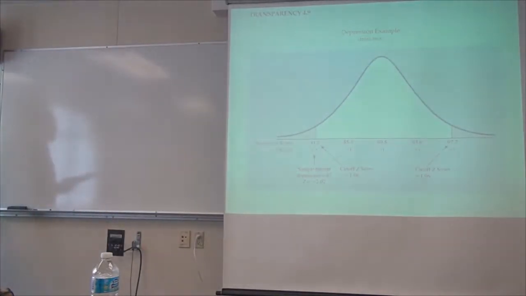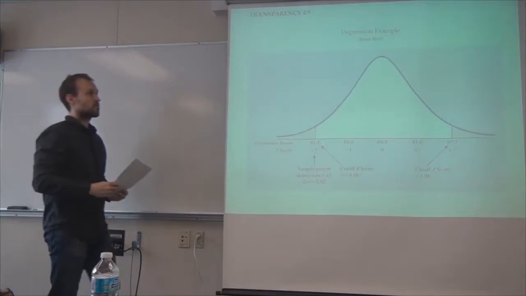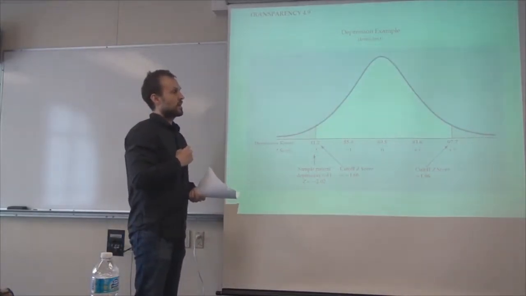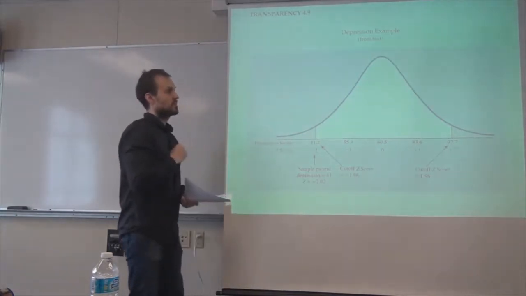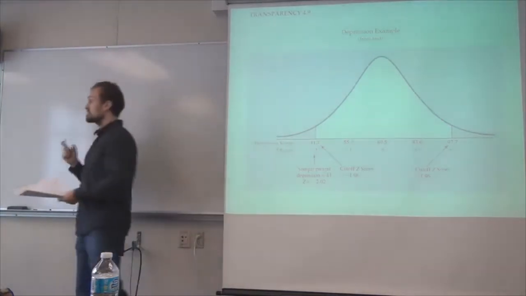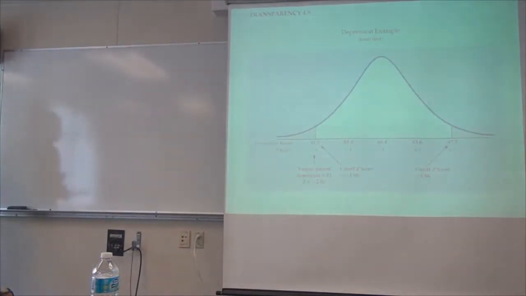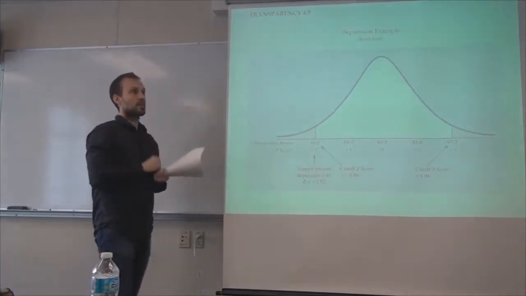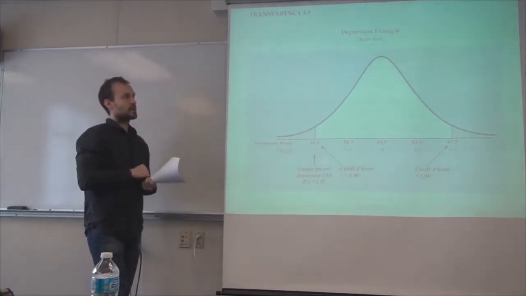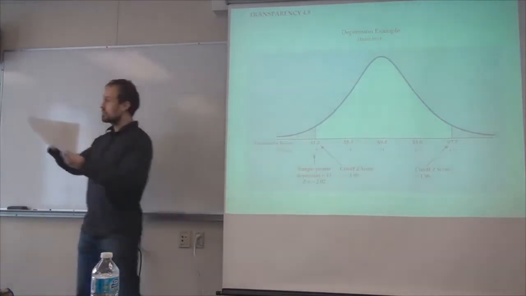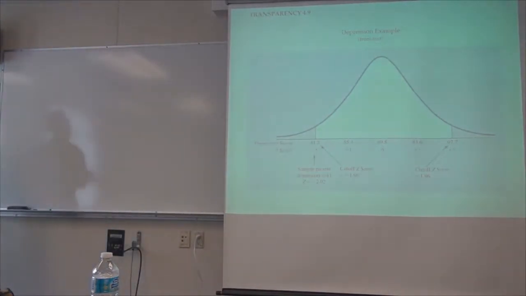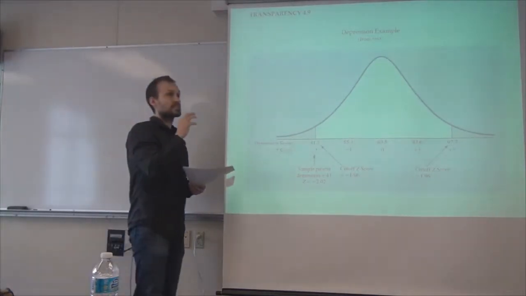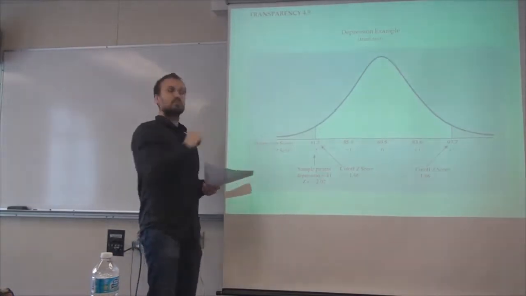Now, in general, that might not be the best idea because when I pick just one person from the population, I could get an extreme value. That person might not be representative of the whole population. So what would make more sense is to select a sample of individuals and look at the average score among those sample values and use that average to compare that sample mean to the population mean.